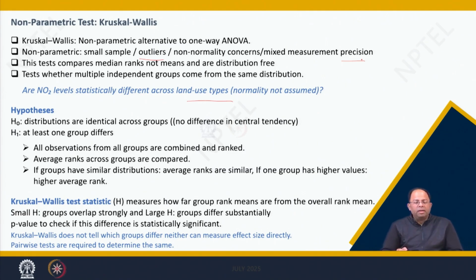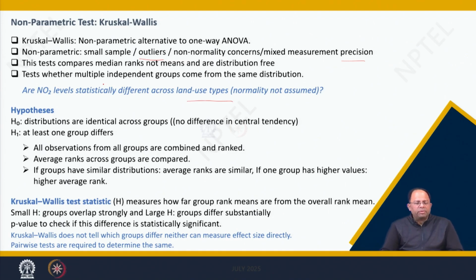Because we are not concerned about the actual values, we take the ranks in this case, and this test compares median ranks and not the means. These are also distribution free, so there is no assumption of normality and no assumption of mean. This tests whether multiple independent groups come from the same distribution.